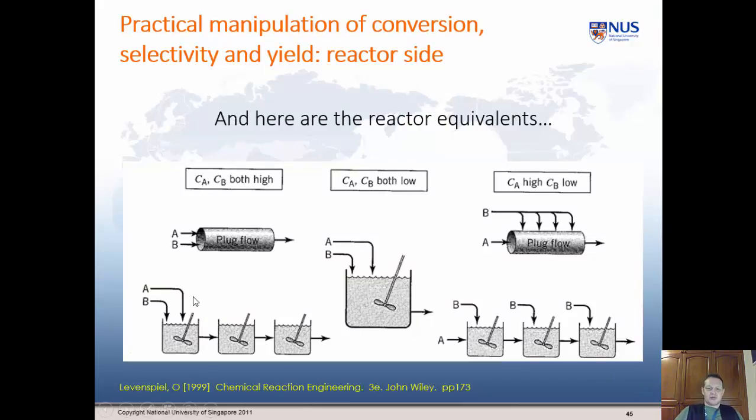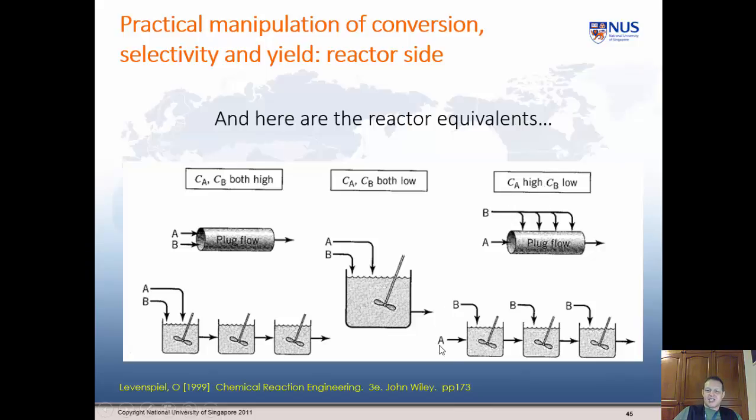You can see there are a number of ways you could do it. Let's now look at how there are reactor equivalents to these. If you have a plug flow reactor or a batch reactor, you can have A and B both high just by adding them both. With a plug flow, if you modify the relative flow rates of A and B, you can have A high or low, B high or low.